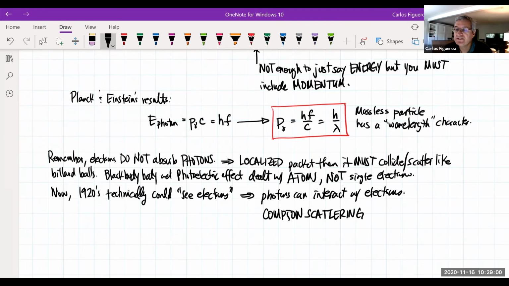And in order to see something, you have to be comparable to the size of that thing. The reason for this is sort of like this. Wait, I'm doing a contradictory thing here.